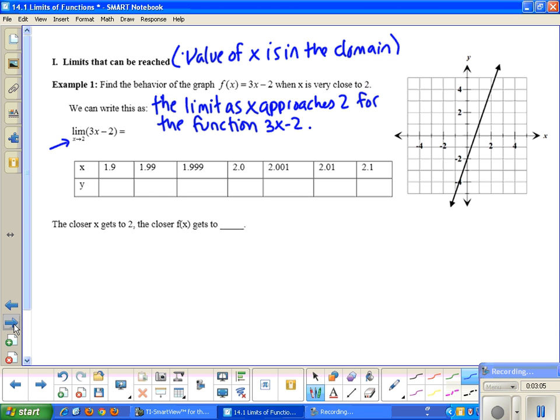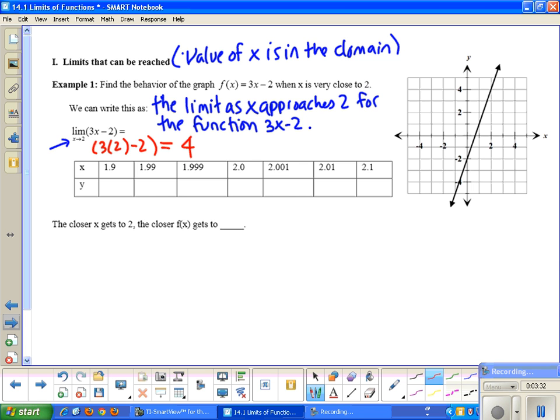Now, for this problem, if I plug 2 into my equation just to show you, I get 3 times 2 minus 2. Because 2 is in the domain of the function, and the domain of this would be all real numbers because there's no variables underneath radicals and there's no variables in my denominator, we can just plug 2 into our equation and figure out that 3 times 2 is 6 and 6 minus 2 is 4.